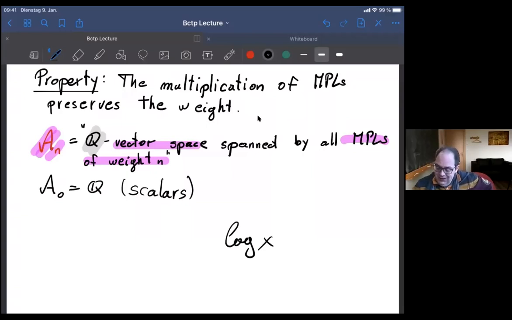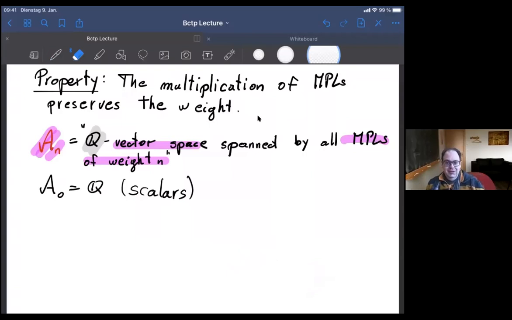But imagine I put x equals e, then this is 1, then it's a rational number. So I should look at things in the right way. The distinction is that linear combinations are polylogs that are transcendental, and the scalars are algebraic numbers. Here, for the sake of concreteness, let's stay with rational numbers. So I just allow linear combinations of polylogs with rational numbers as coefficients. That's what it is.